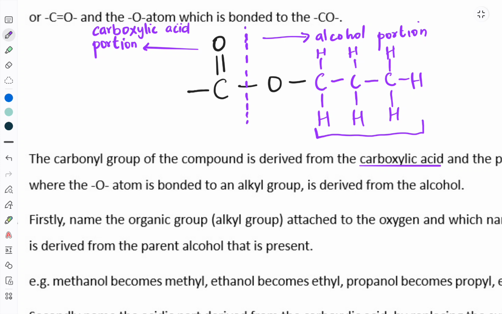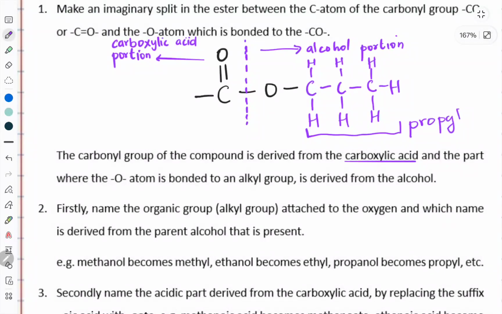If we are naming an alkyl group, that would be propyl. So we name these parts as if we are naming an alkyl group. That's propyl. Of course, the alcohol that was used to make this ester would have been propanol. We take that and convert it to propyl.